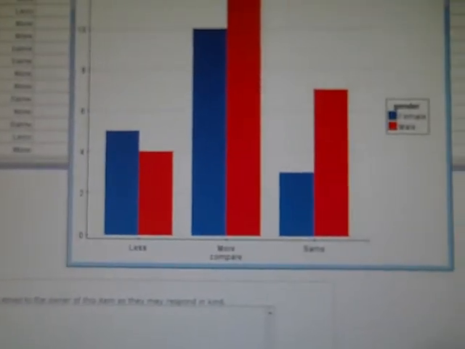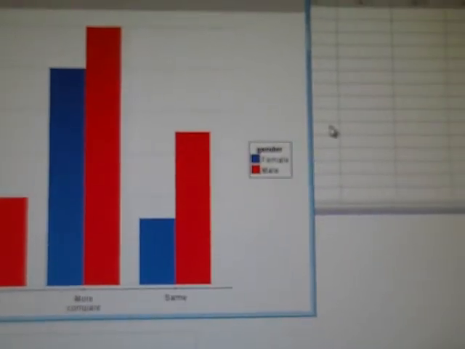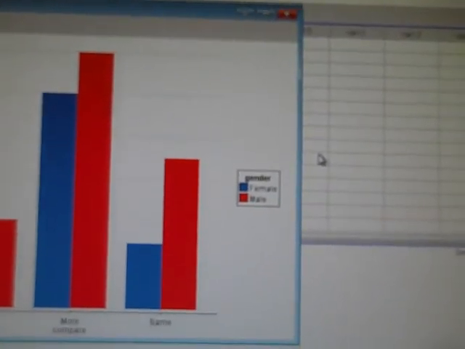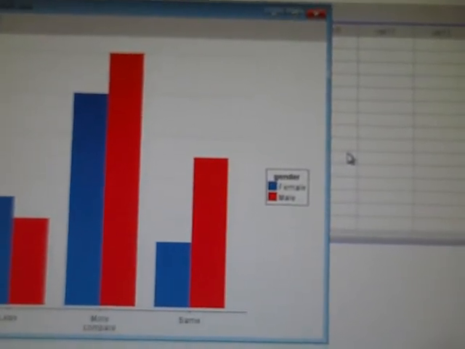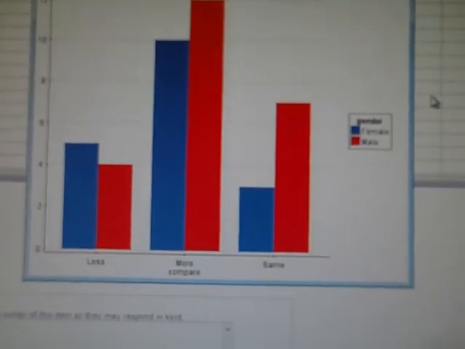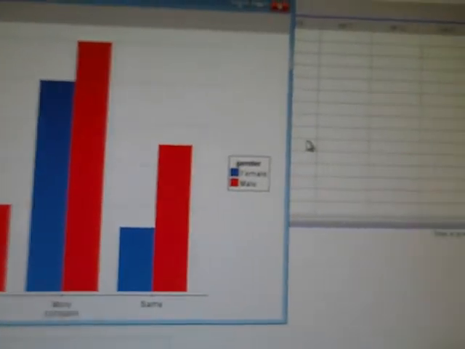The first group of bars compares the people who spent less, the people who've done more, the people who shopped about the same. And so what it looks like is the people who responded that they shopped less seem to be predominantly female or more female. The other two groups seem to be more male.